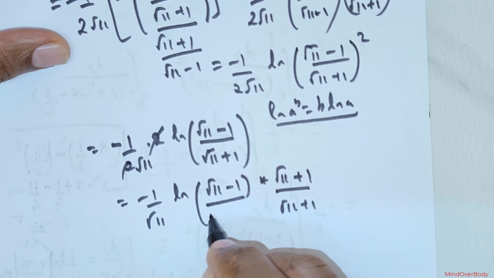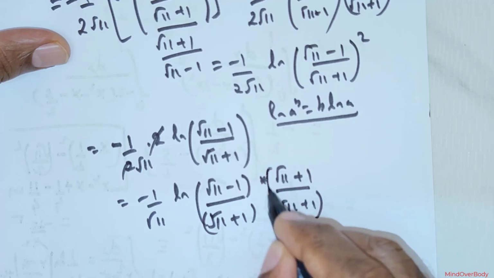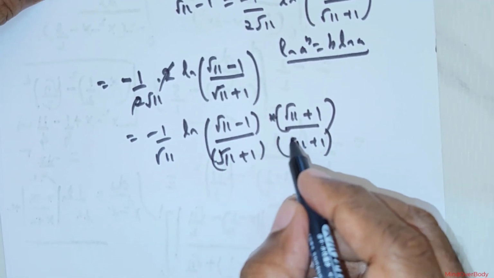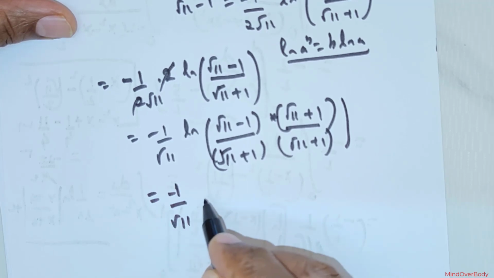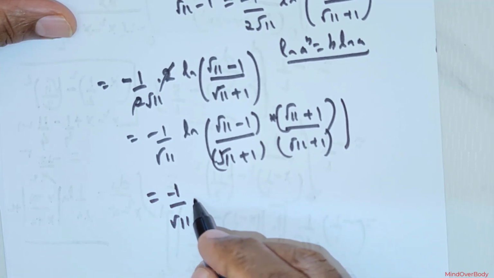So in the denominator you have root of 11 positive 1. Okay. So this is negative 1 over root 11.